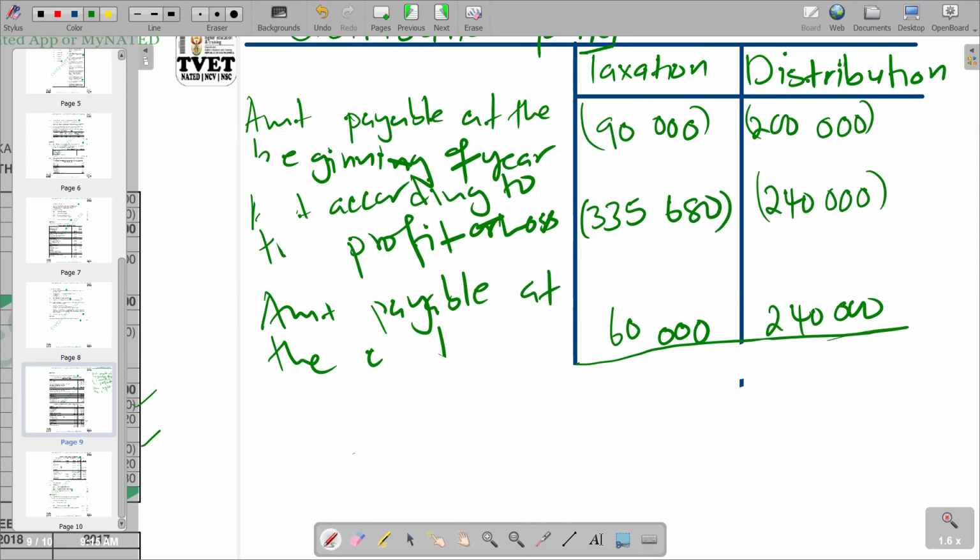Here we've got payable at the end, and then obviously in the first column we are saying negative 90,000 minus 335,680 plus 60,000, and then obviously the final figure that you are supposed to get there is 365,680, which is going to be a negative.